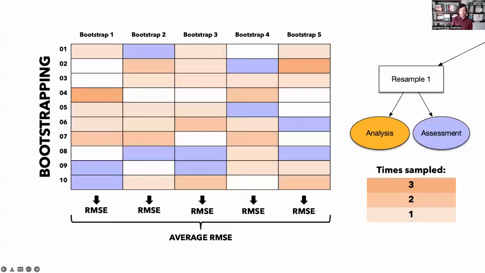But one nice thing about bootstrapping is that once your sample is large enough, you start to see less bias as well. So you can maximize having less bias and also less variance at the same time. So bootstrapping can be one very powerful method.